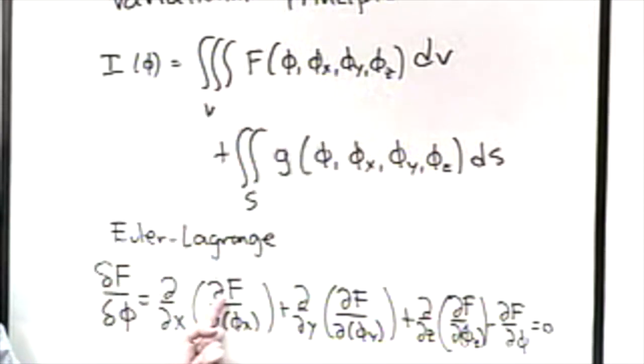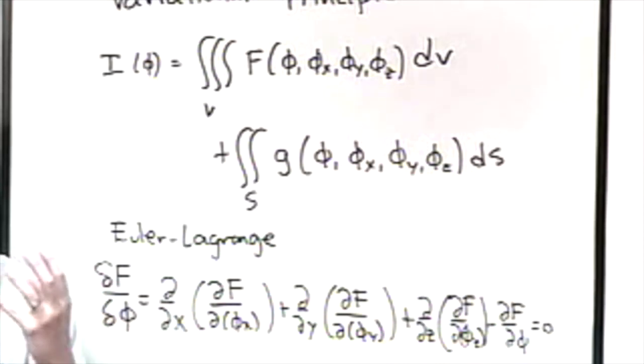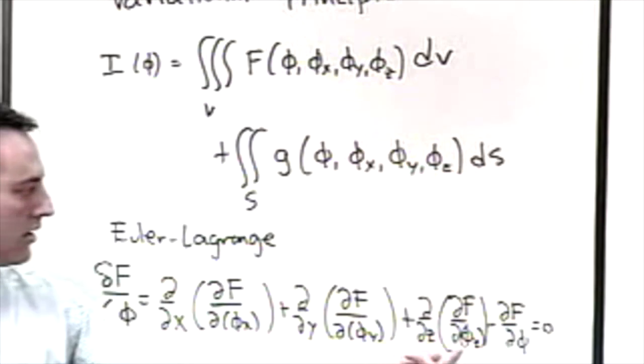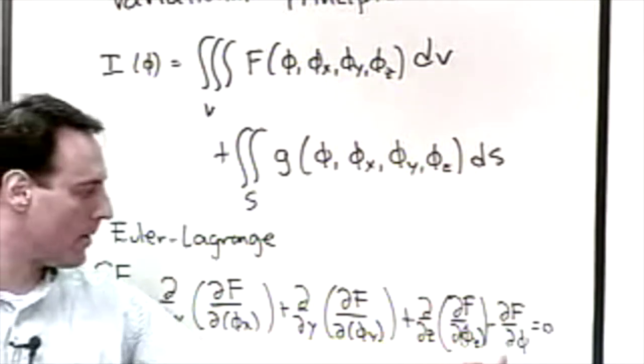Well, what it says is take the derivative of f with respect to phi x. So phi x becomes like our independent, or our variable that we're actually differentiating with respect to. So phi y, phi z, and phi are independent of phi x. So you take your f, you take this with respect to phi x, and then you take dx of that. Same thing here. Take the derivative with respect to phi y, take dy of it. Phi z, dz of it, minus df d phi.